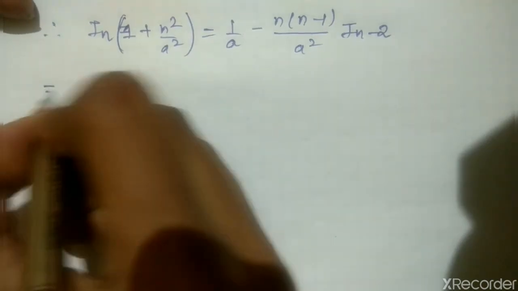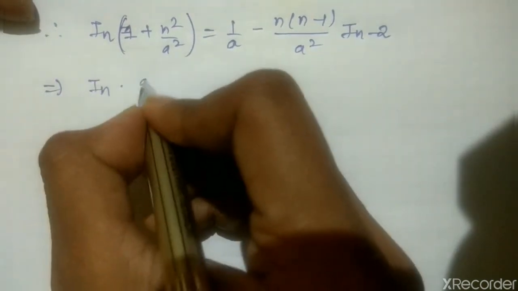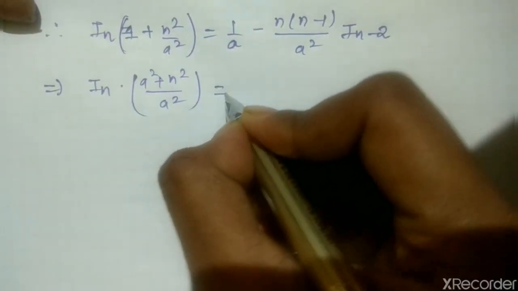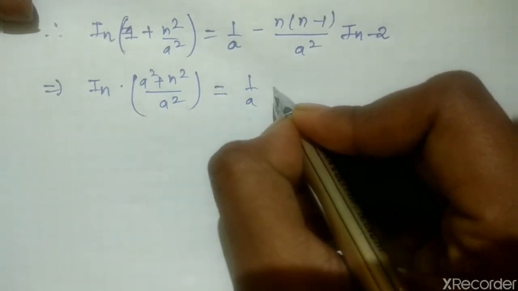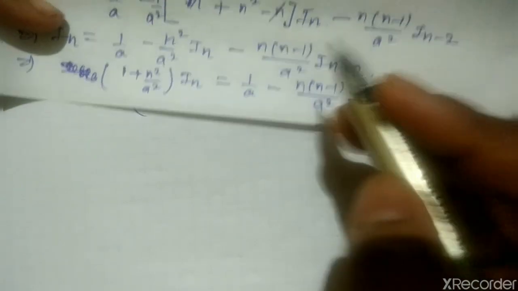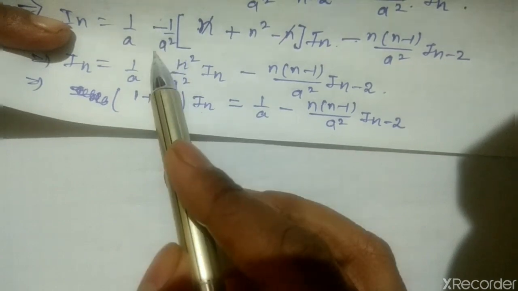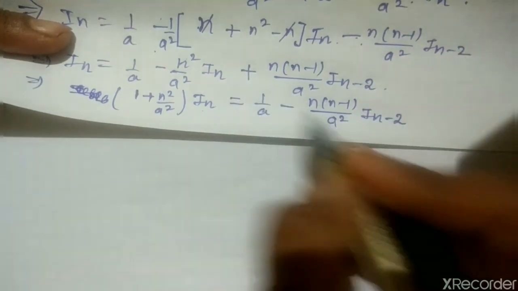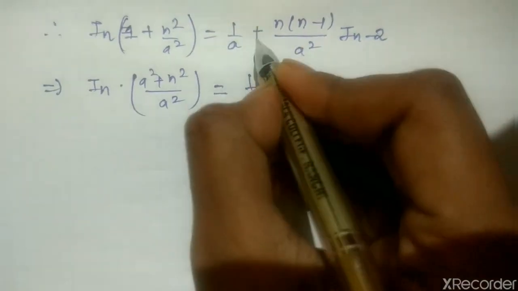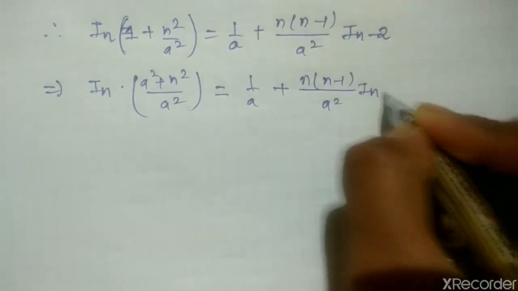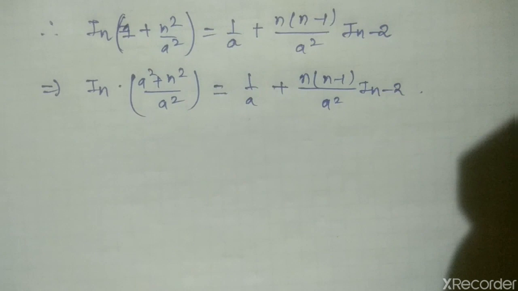So this implies In into a square plus n square divided by a square, this value is equals to 1 by a, and then we have, sorry, here is the plus sign because we have here the minus 1 by a square common, and we have the minus within the bracket, so we are getting here the plus sign. So this is your plus n into n minus 1 divided by a square I n minus 2, fine.